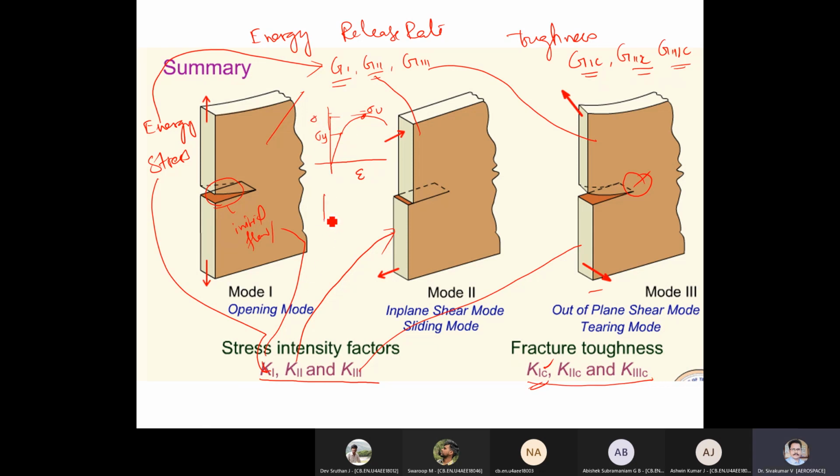Suppose I have a beam made of mild steel, and I am applying a load. Due to that, again, stress and strains are created. This is a stress strain for this material, steel. This is the stress strain because of the load you are applying, how much stress is created inside the material.